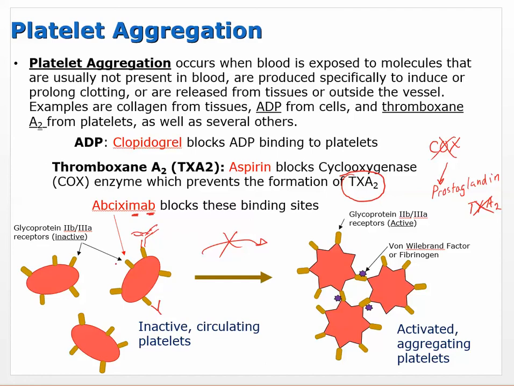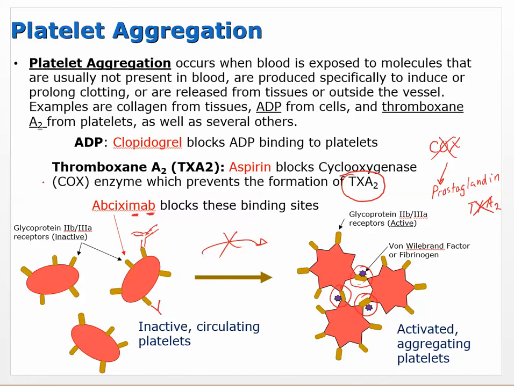So we call it a glycoprotein inhibitor, but it's a specific glycoprotein, 2B3A, that sits on the platelets, and when the platelet is activated, things like von Willebrand factor and fibrinogen can bind to it, and that's what can cause those platelets to stick together. Abciximab was developed probably, I should check on that, from an antibody from a goat or a horse or something, and it will selectively stick to this glycoprotein and prevent that from allowing these platelets to stick together.